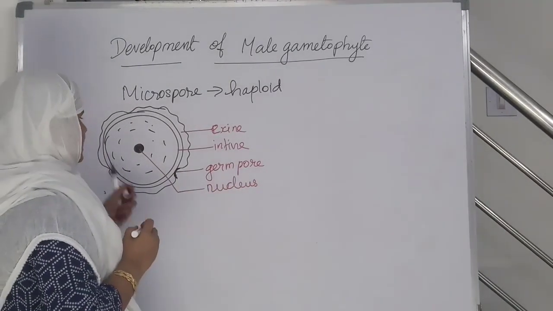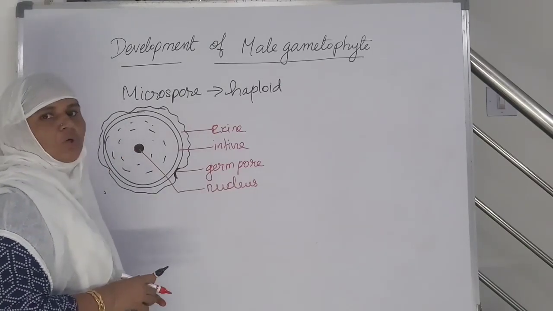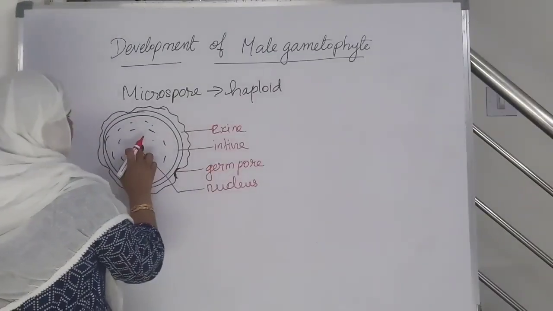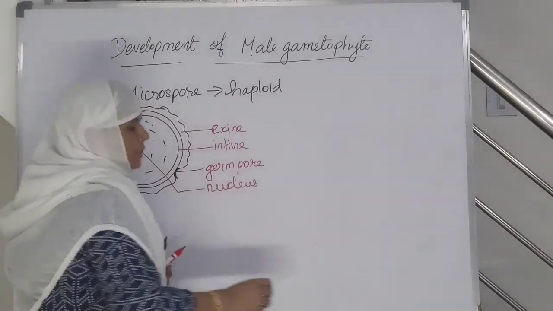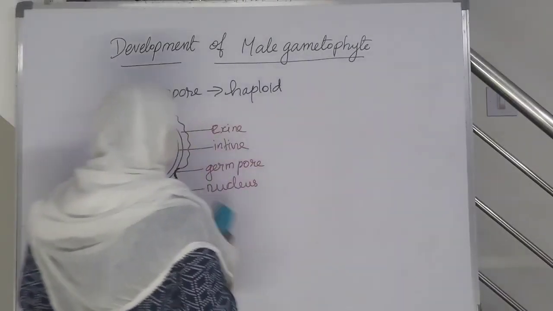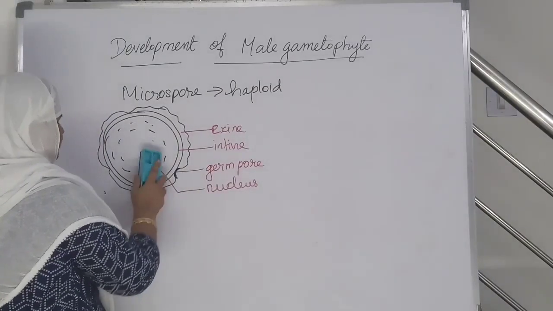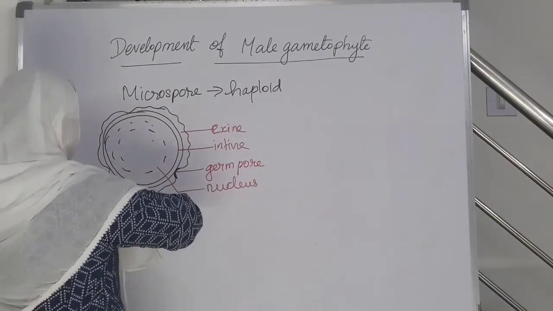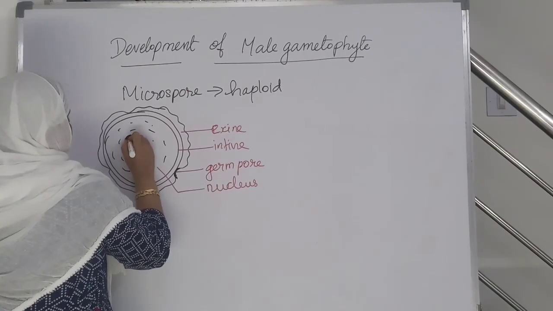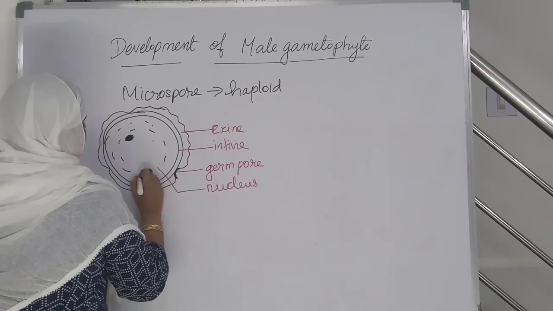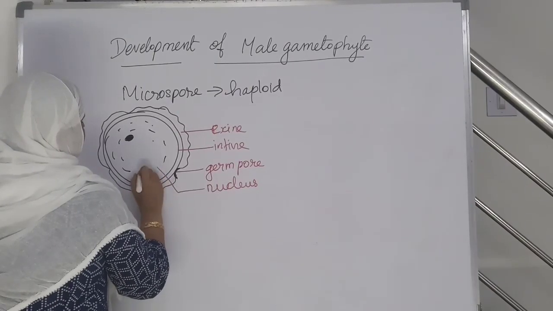Here this nucleus undergoes mitotic division and develops into two nuclei, like this.